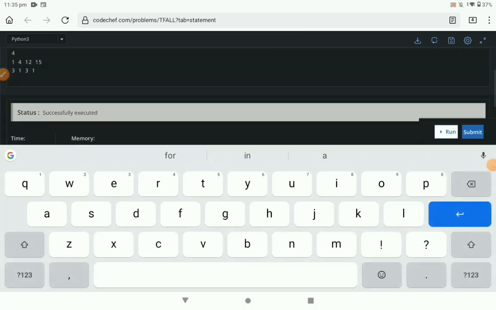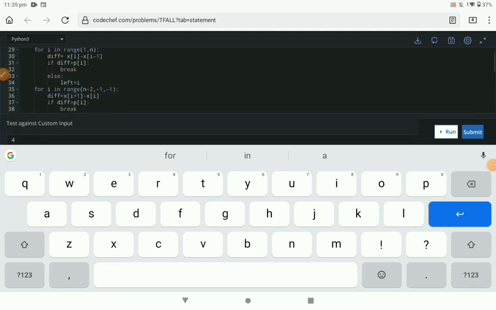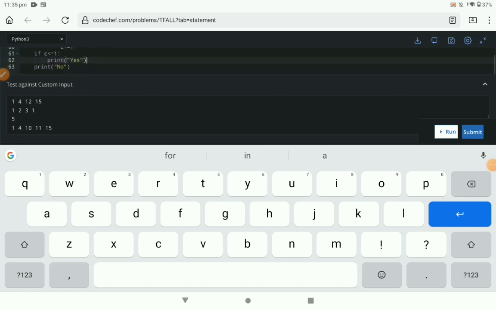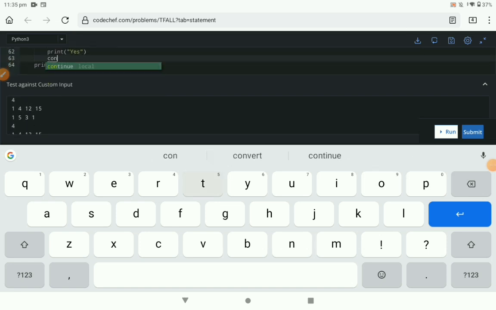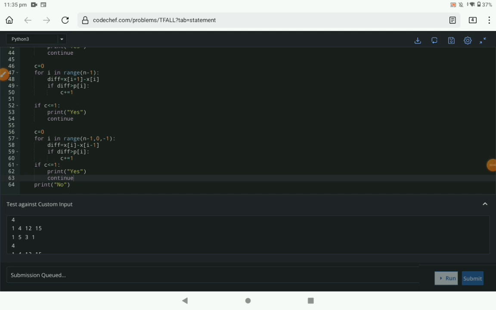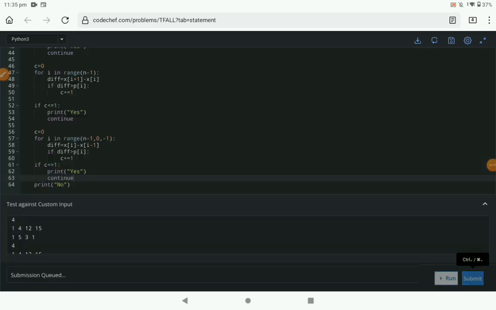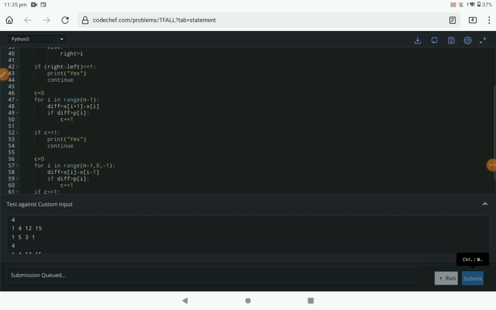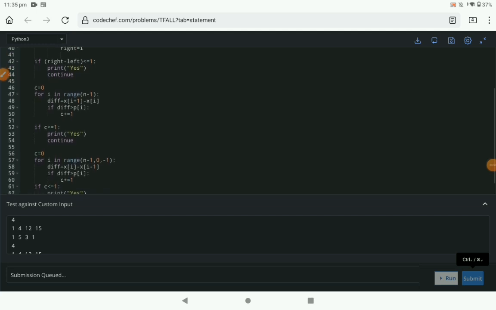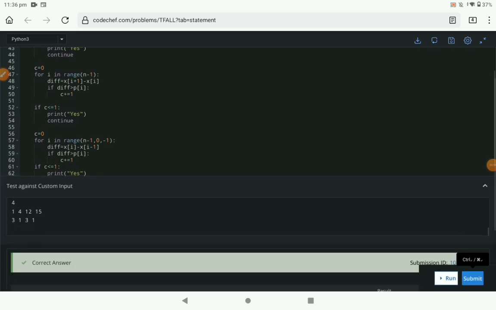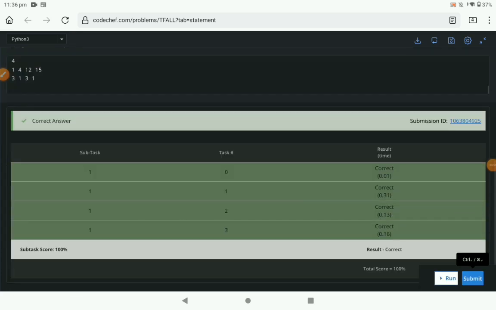Basically, I forgot one basic thing: continue. Yes, now it's giving a correct answer.